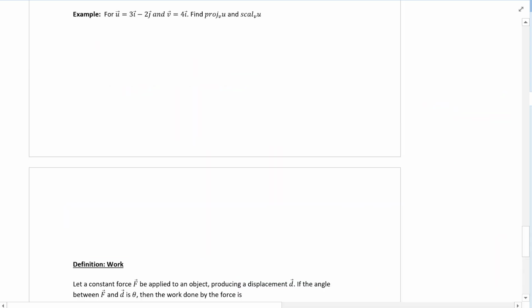So let's solve a problem. It says for u equals 3i minus 2j and v equals 4i, find the projection of u onto v. Let's make a quick sketch.